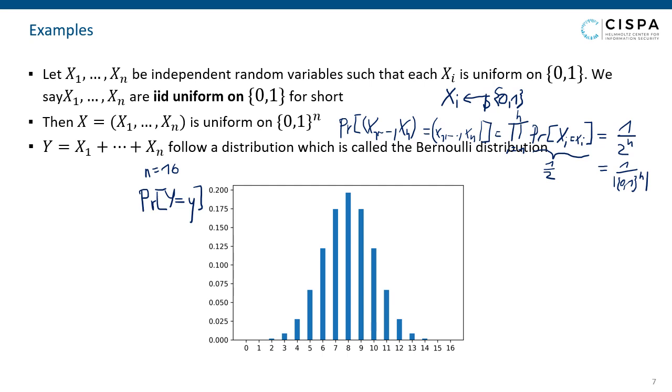So this is obviously a random variable which is not uniformly distributed, but which is concentrated around the central value 8.